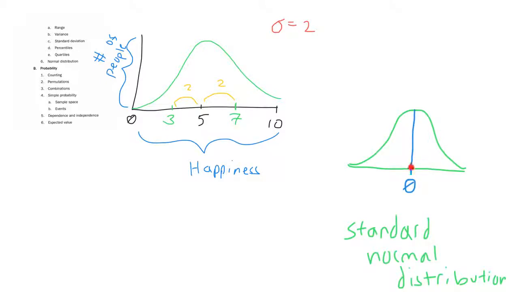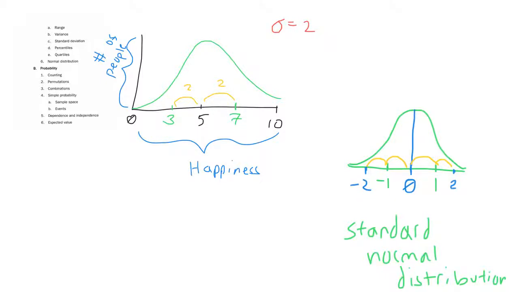Anything that is 1 standard deviation above the mean gets a score of +1, and anything that is 1 standard deviation below the mean gets a score of -1. Anything that's 2 standard deviations above the mean gets a score of +2, and anything that is 2 standard deviations below the mean gets a score of -2.